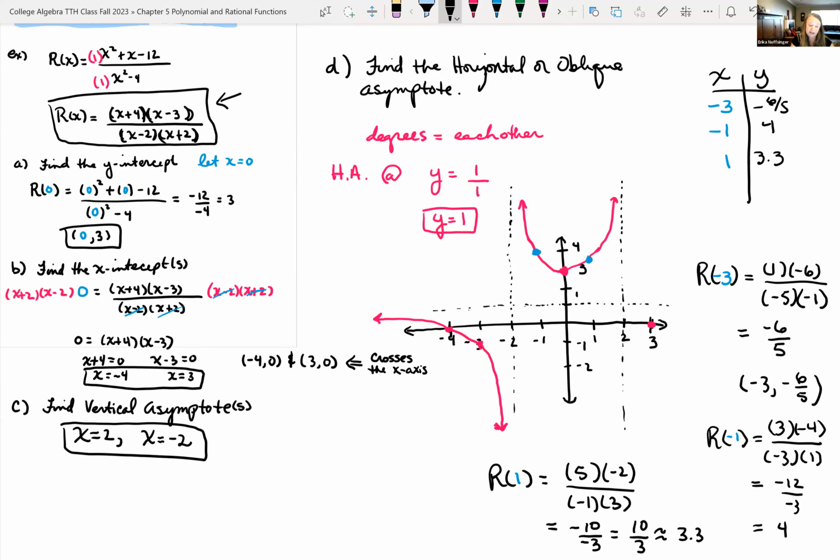And then seeing what's happening to my graph on values bigger than x equals 2. I have 1 point, my x-intercept at 3, 0. Again, I can see what's going to happen just knowing where my vertical asymptotes are. But if you don't see it, plot 1 more point. So maybe x equals 4.